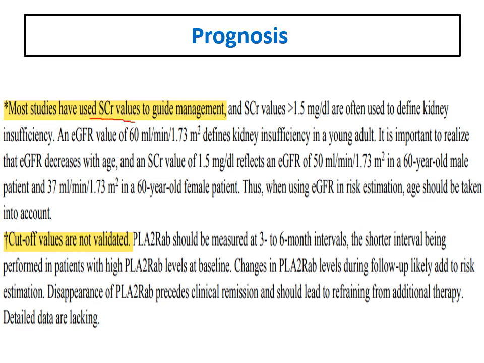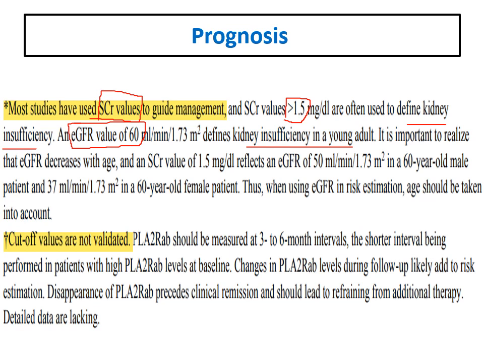Most of the studies have used serum creatinine values to guide management, with a serum creatinine of more than 1.5 often used to define kidney insufficiency, and also a GFR of less than 60 ml per minute defines kidney insufficiency in young adults.